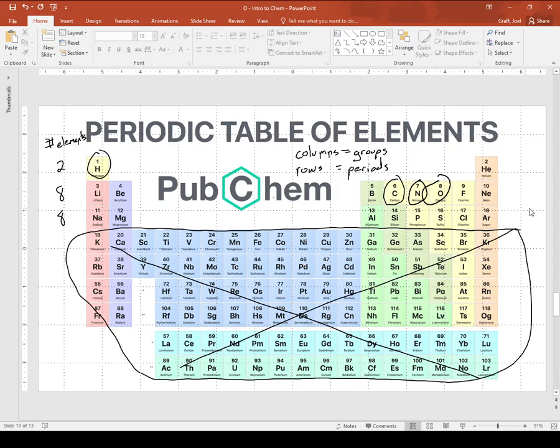So you don't get a lot of bonds, for example, forming between helium and any other atoms. Whereas in the center of the table, we've got some elements that like to form and share electrons with other groups. That sharing of electrons is called covalent bonds.